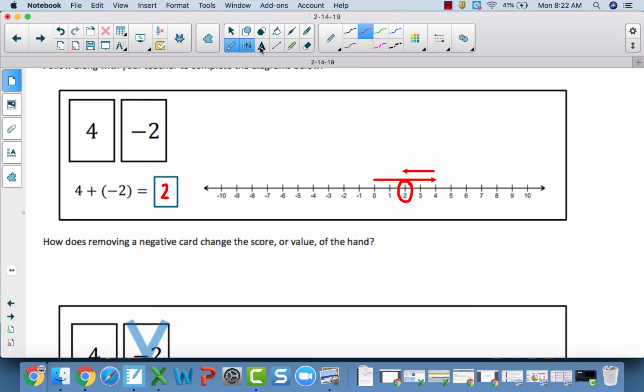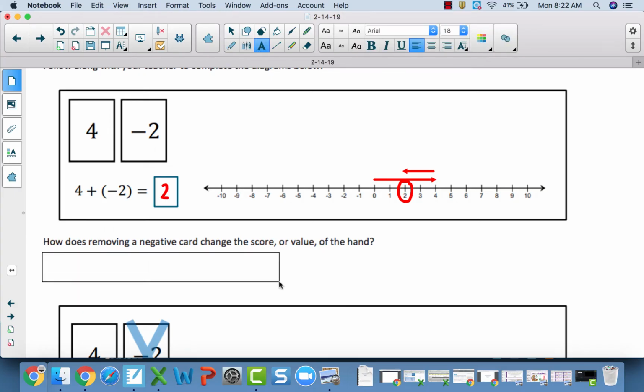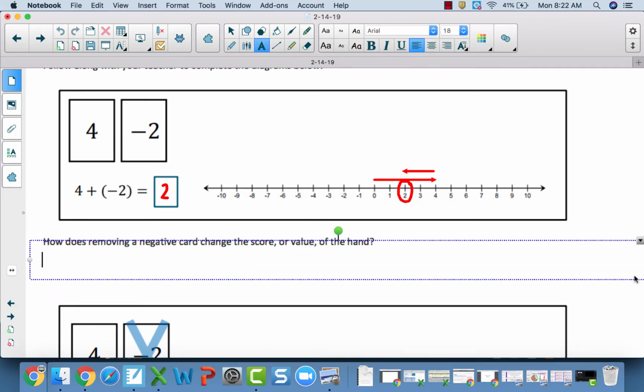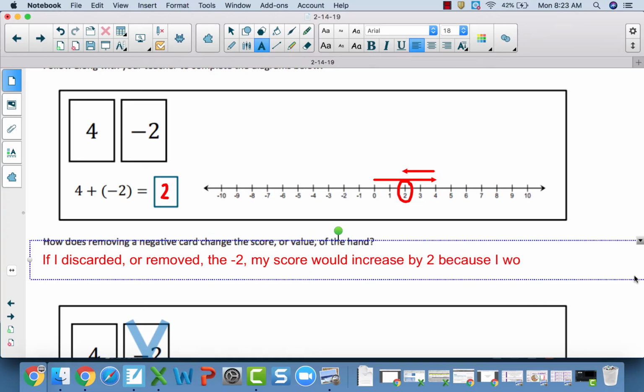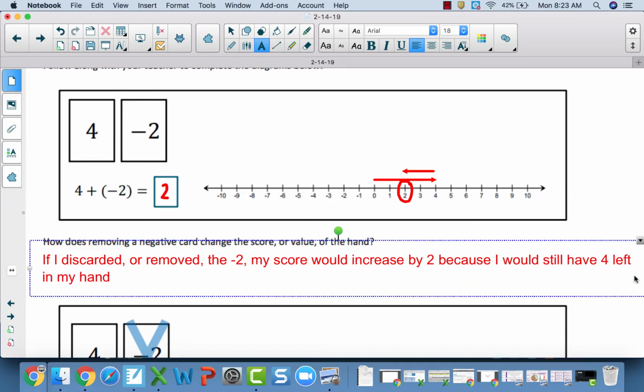Now, let me answer this question here. How does removing a negative card change the score or value of your hand? If I discard or remove, meaning get rid of, the negative 2, my score would increase by 2 because I would still have 4 left in my hand.